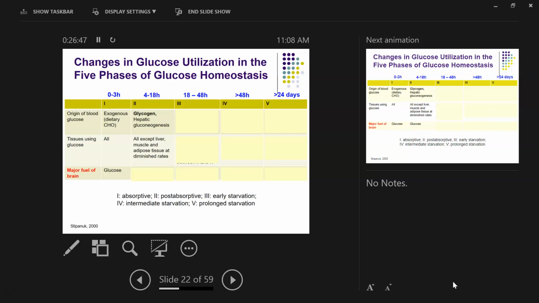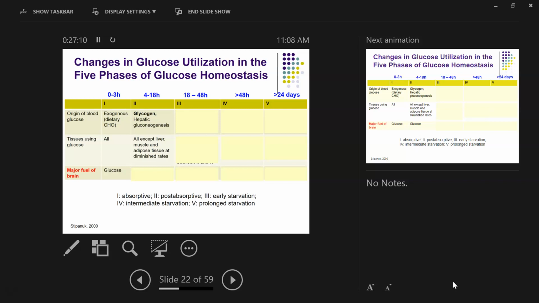Because these three tissues, liver, muscle, and adipose tissue, take up a lot of glucose, right? So during the early stage of starvation, the glucose uptake rate of these three tissues is reduced, right?